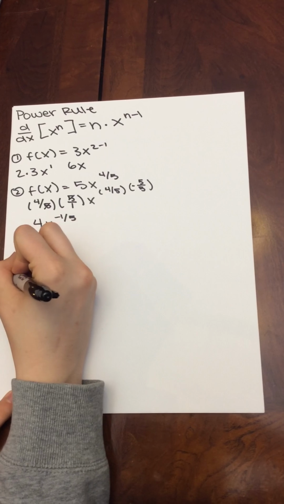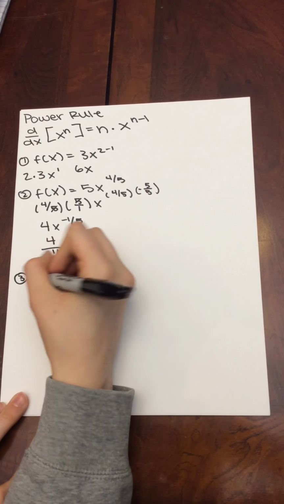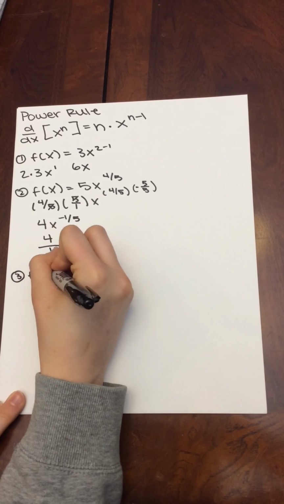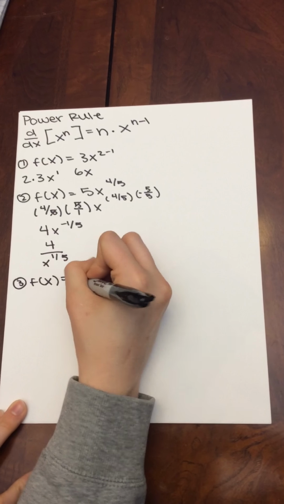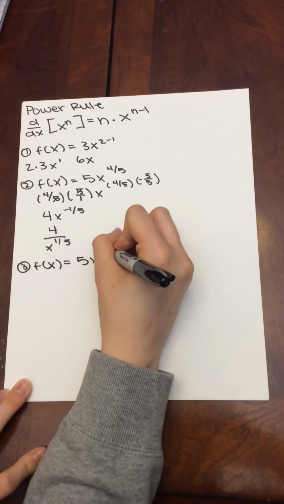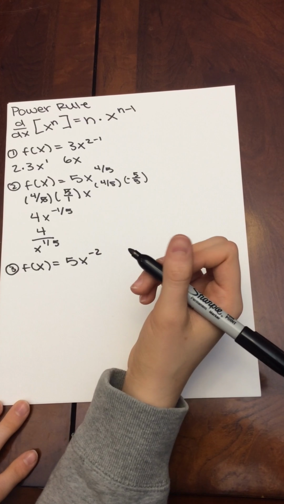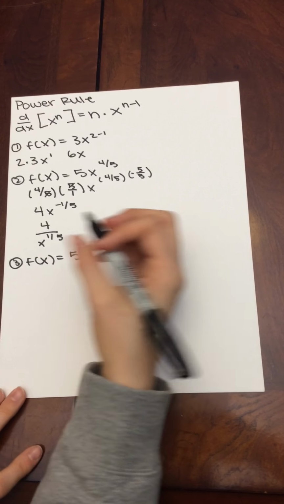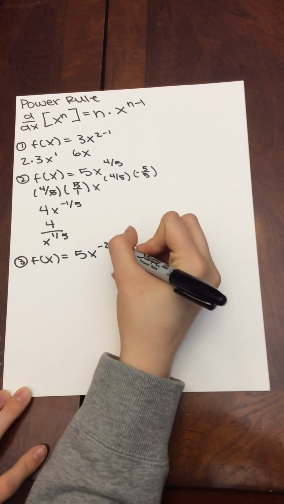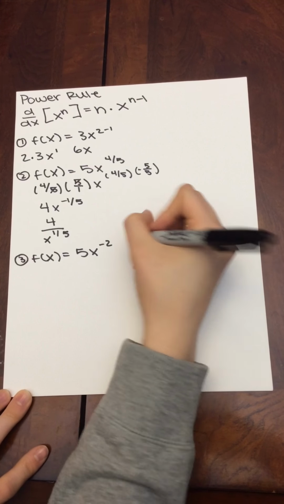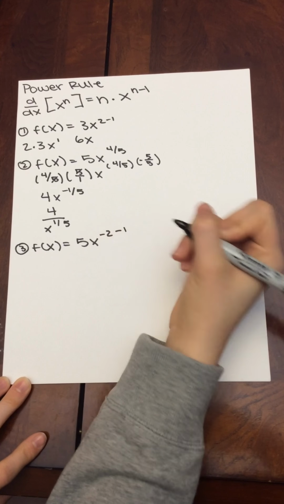Okay. And for the third example, we're going to do f(x) equals 5x to the -2 power. So we're going to do another negative exponent here. So when you have a negative exponent on the top, you're still going to subtract 1.